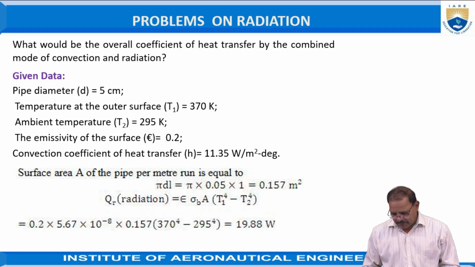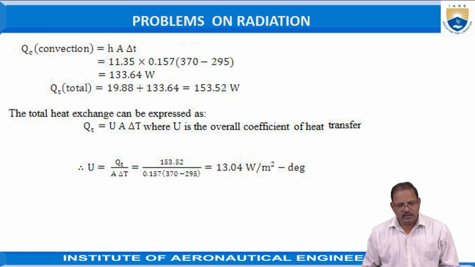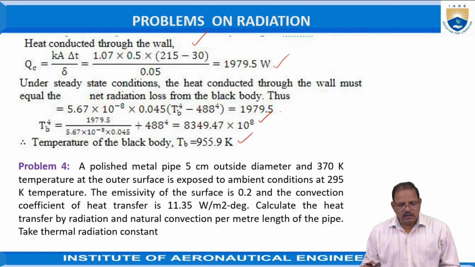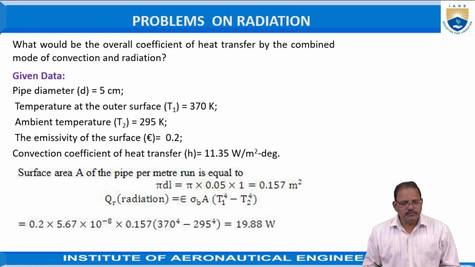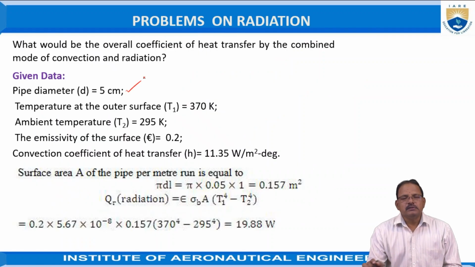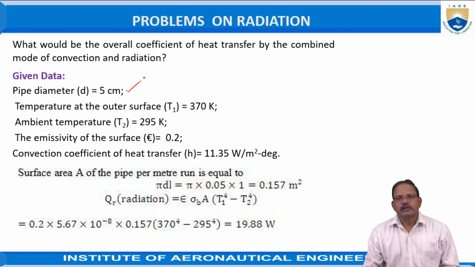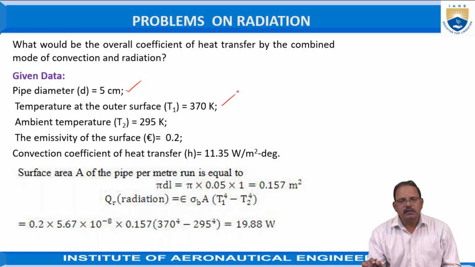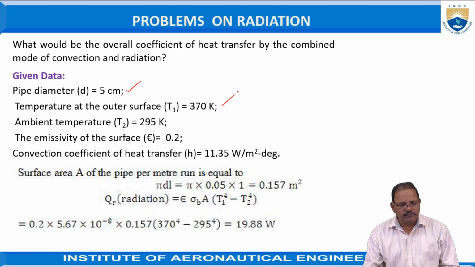Here, what is given in the problem is a metal pipe of 5 cm diameter. That means the pipe diameter is equal to 5 centimeters. The temperature at the outer surface, represented as T1, is equal to 370 Kelvin.